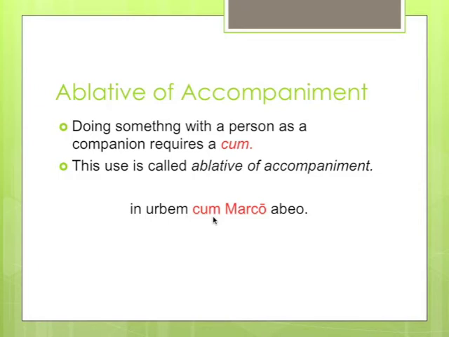You're doing it with him. Latin makes a big distinction between something like I'm writing with the stylus, where you're just using a tool, versus doing something with another person. When you're using a tool, you don't use cum. When you're talking about a person, you're doing something in the company of a person or along with a person, you must use the cum. That's mandatory.